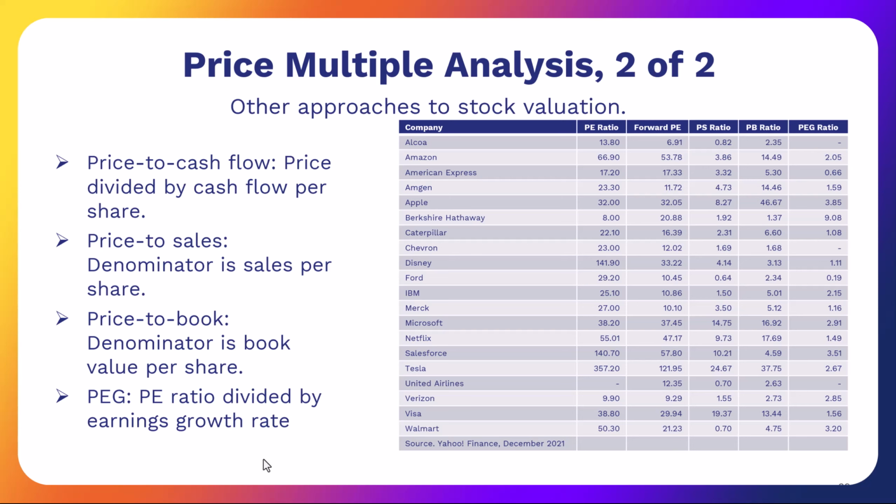Now, the PEG ratio is a little bit of a different number. That's the PE ratio divided by the earnings growth rate. This is going to give us an indication if the company has any growth potential. So the bigger this number, the greater the growth potential of that particular company is. And as you can see here, we have lots of different ranges here for our growth ratios.